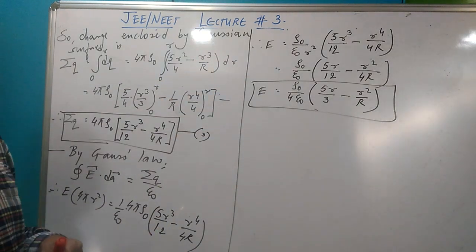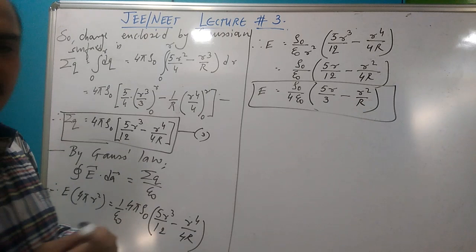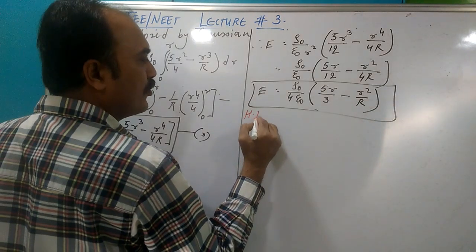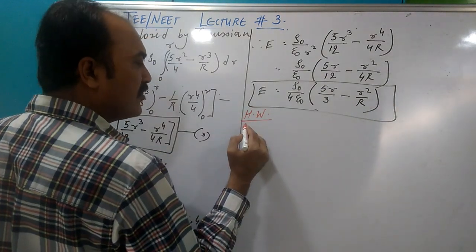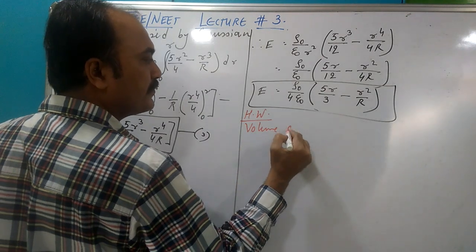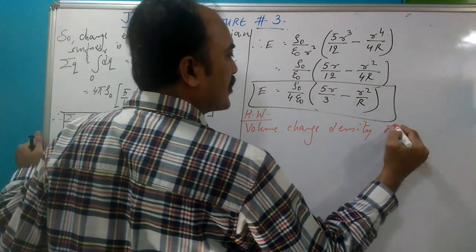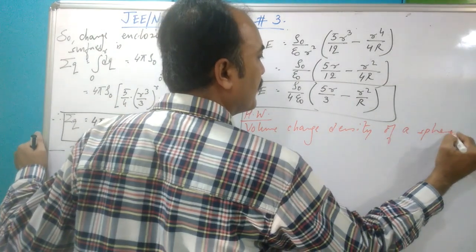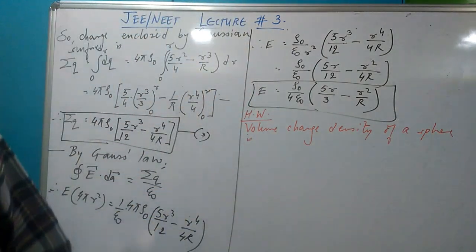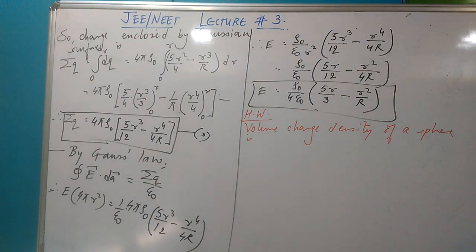Let me give you a small sum for homework practice. You can do it at home. The volume charge density of a sphere is given as, let me write that volume charge density now.